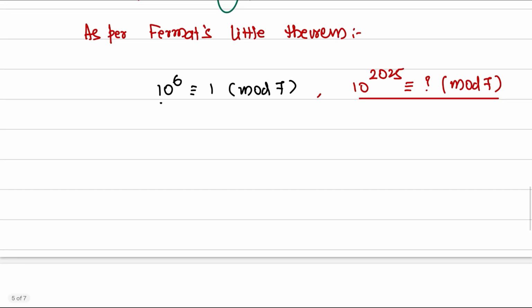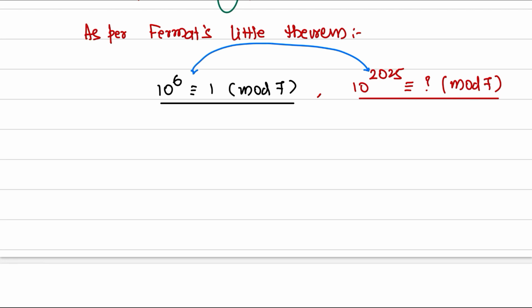And what we know is from Fermat's little theorem. Now, 10 to the power of 2025, can we convert it into 10 to the power of 6 form? Let us try to convert this into some form of 10 to the power of 6.